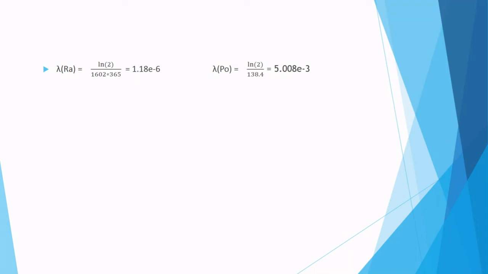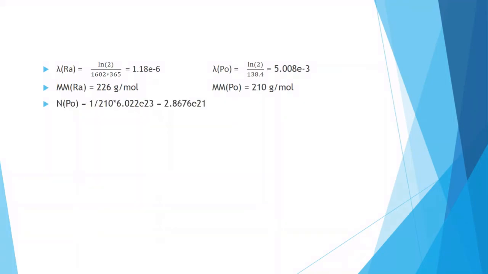Next, we will take note that the molar mass for radium is 226 grams per mole, and the molar mass for polonium is 210 grams per mole. Next, we are going to calculate the number of polonium nuclei that are present.